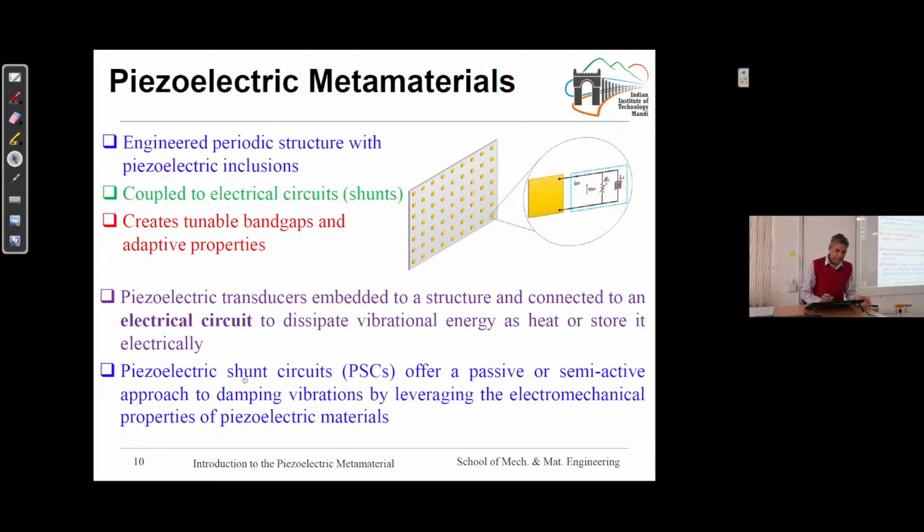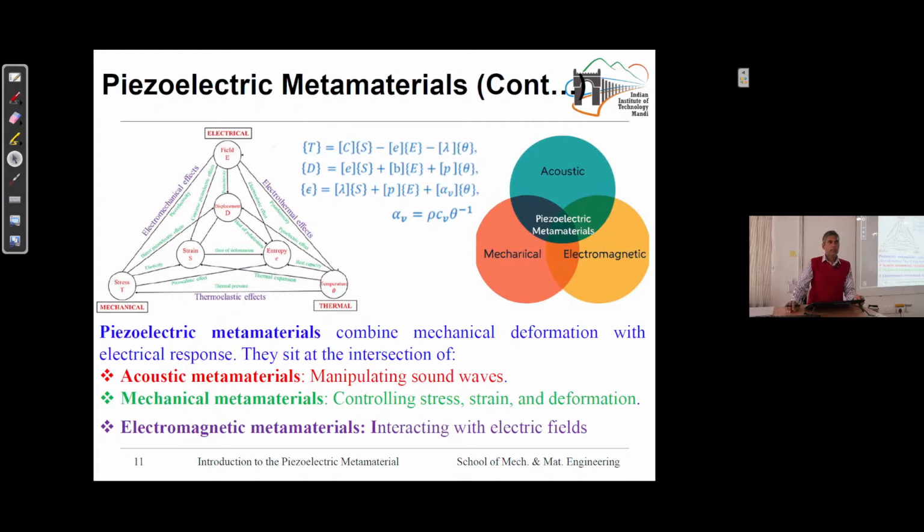The piezoelectric shunt circuit offers a passive or semi-active approach to damping vibrations by leveraging the electromechanical properties of piezoelectric materials. In piezoelectric materials, as you are already aware, we have coupling between the mechanical field, electrical field, and thermal field, right?